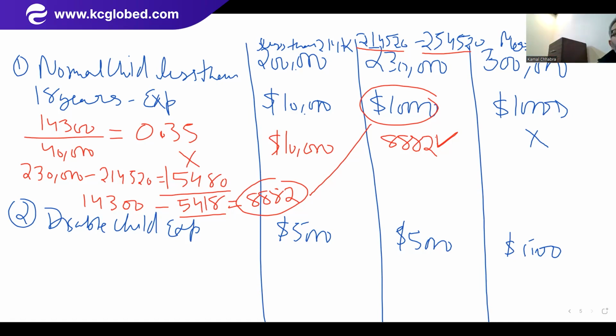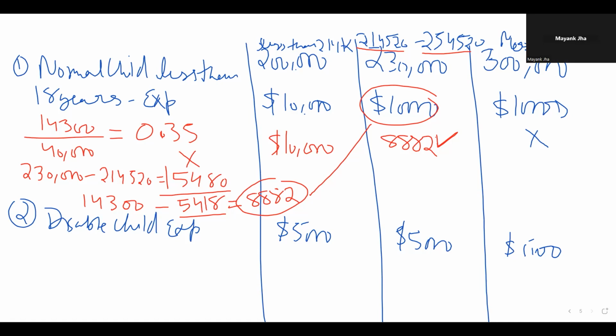So you get to know that 35 cents per dollar of increase in income will reduce the credit. Every $1 income increase, 35 cents of the allowable credit goes down. So what is the total income increase? 15,480, the total income which is more than 214,520.